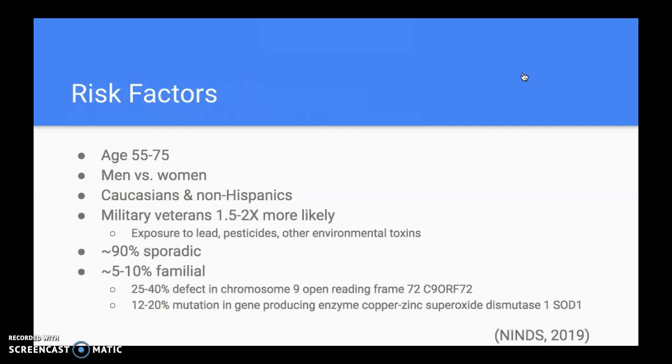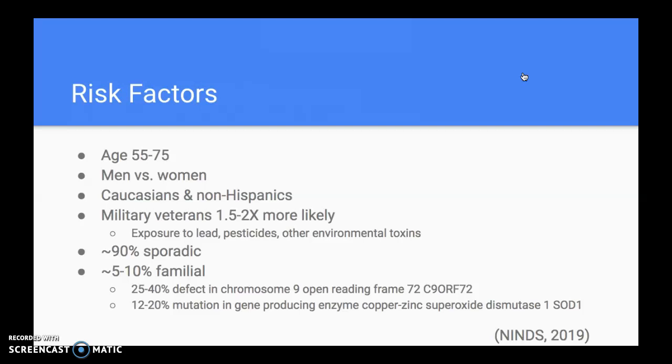For risk factors, ALS is commonly diagnosed between the ages of 55 and 75. It's more commonly seen in men versus women, and also Caucasians and non-Hispanics are more likely to be diagnosed with ALS. Research shows that military veterans are actually 1.5 or 2 times more likely, and this is due to the exposure of lead, pesticides, and other environmental toxins.